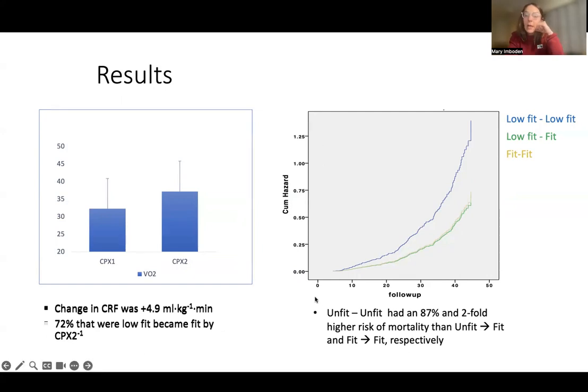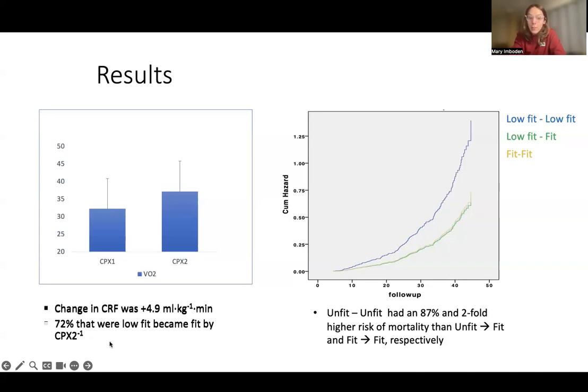So if the blue line is low fit always, and you stayed low fit, the yellow line is fit, and the green line is low fit, but you became fit after a few months of your exercise program, you no longer have risk. Your risk level is the same as if you were fit to begin with. Okay, so a change in cardiorespiratory fitness in this study was around 5 mLs per kg per minute.